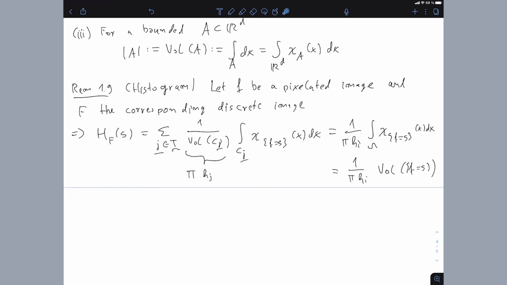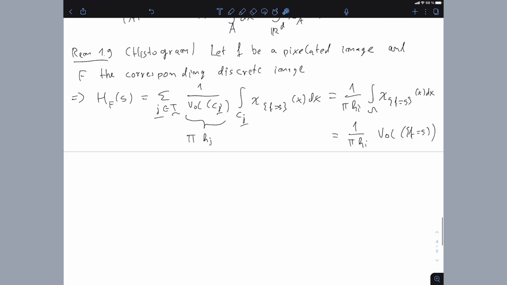And the good thing is that this we can look at for all kinds of functions f. They do not need to be pixelated. So this motivates the following definition.